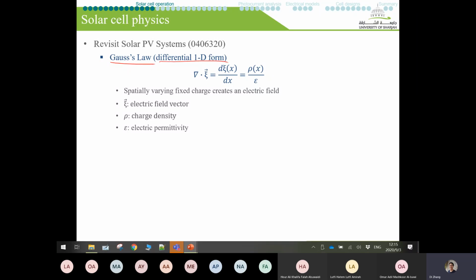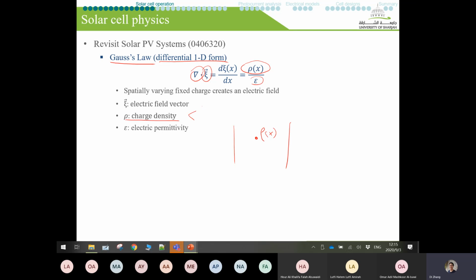Basically this equation says that the reason for the divergence of the electric field is essentially coming from the charge density distribution. Inside a certain space, if you have a certain charge density, we use the letter rho here to denote the charge density.